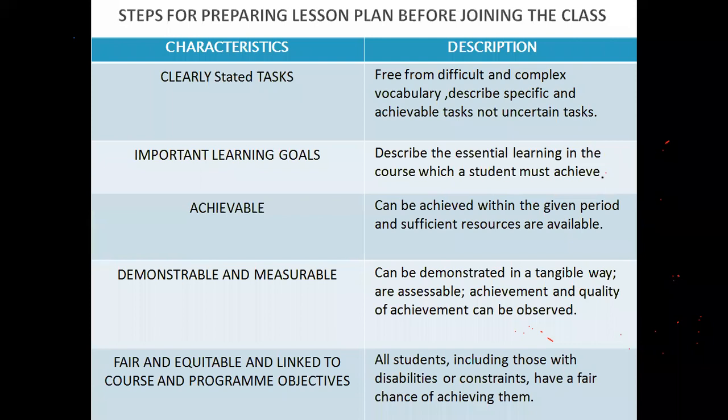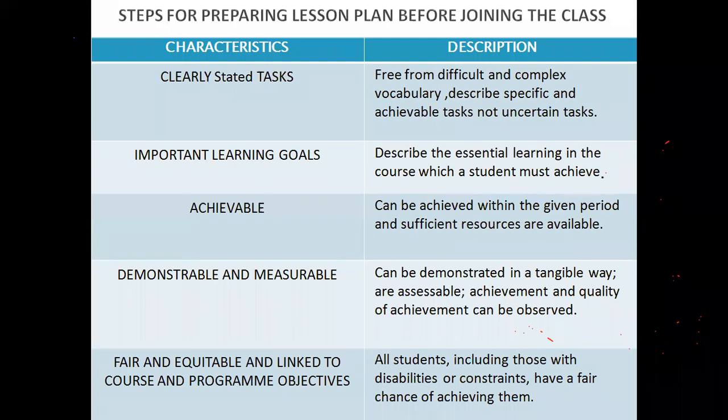It must be achievable, demonstrable, measurable, fair and equitable, and linked to the course program objectives. Clearly stated tasks are free from difficult and complex vocabulary; we should not use difficult words. It must be easy and understandable by the students. Describe specific and achievable tasks, not uncertain tasks.